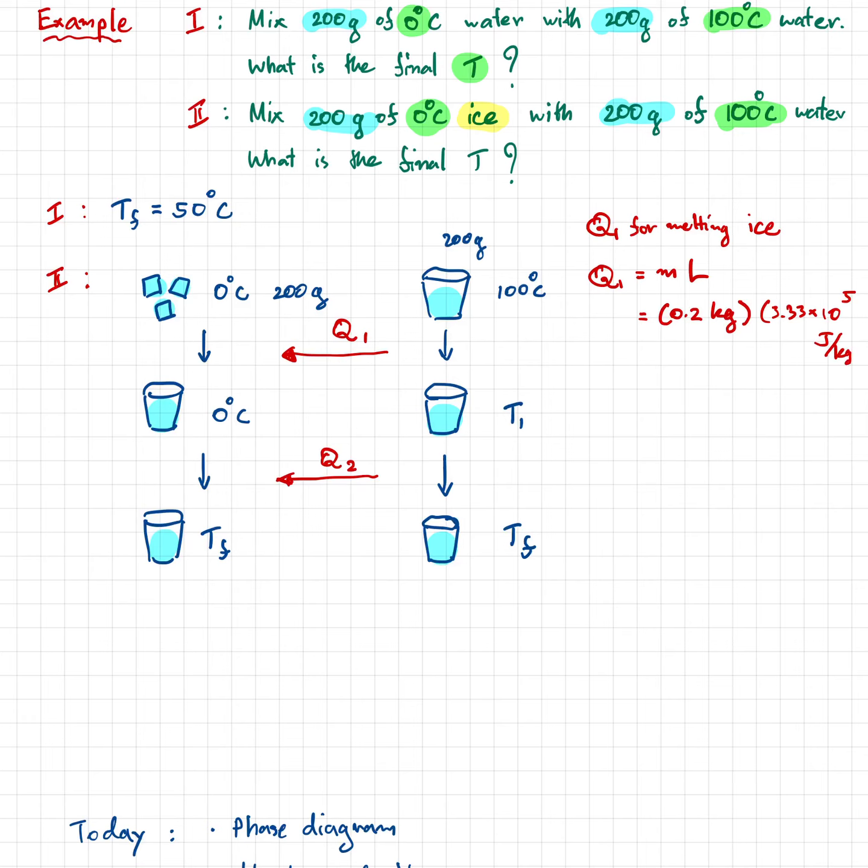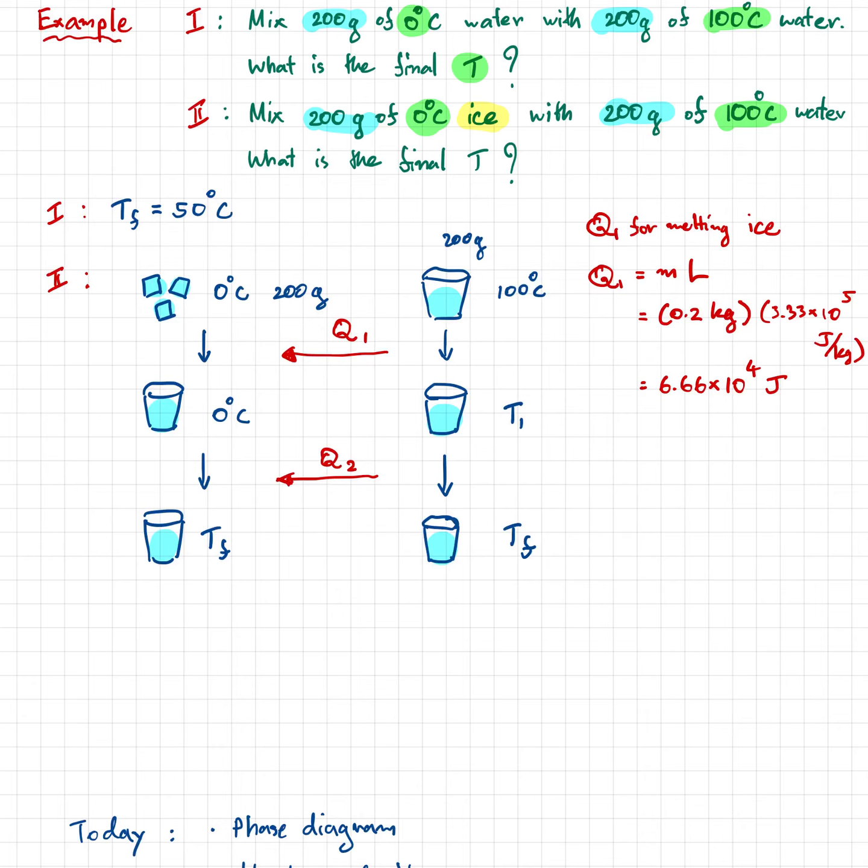joules per kilogram. So when you calculate this, then you get about 6.66 times 10 to the 4 joules. So that's how much heat you need to melt this chunk of ice, which is 200 grams.